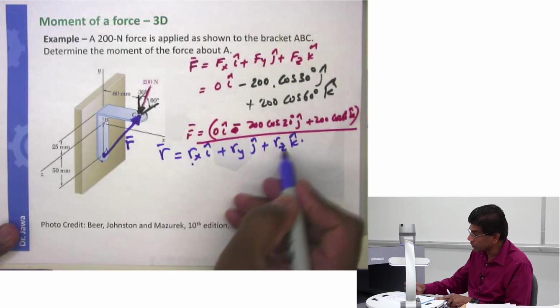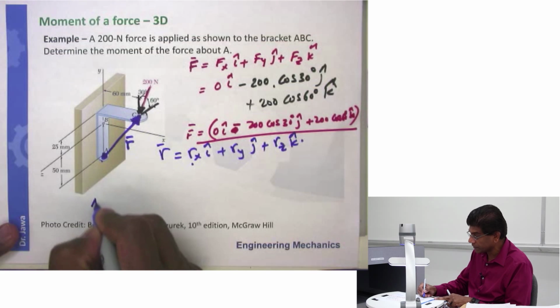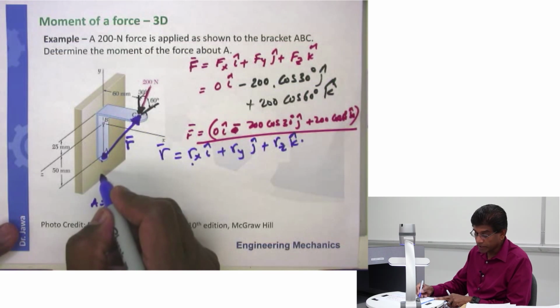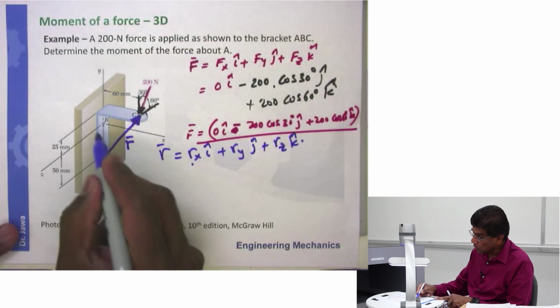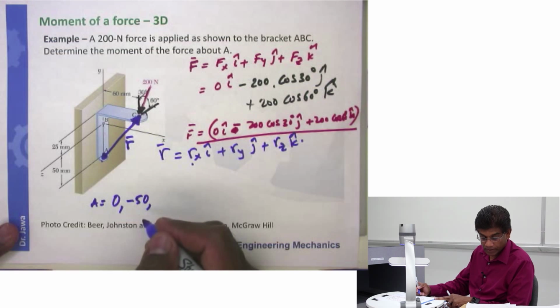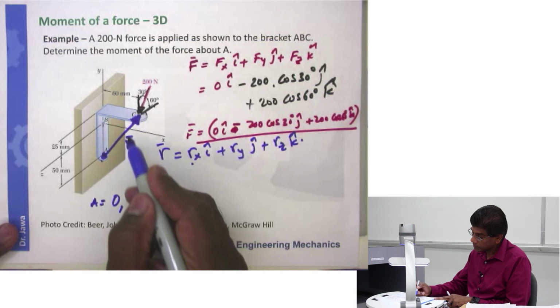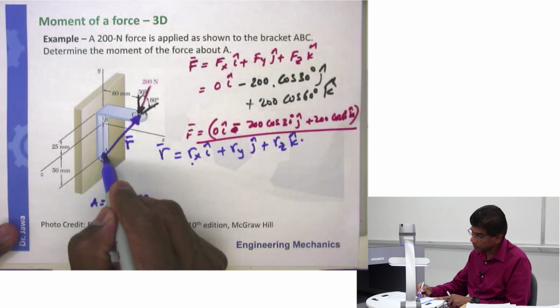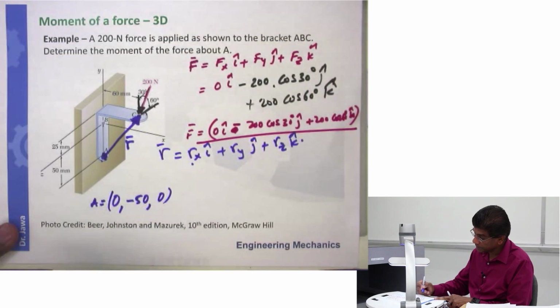But I need to find these components, and the easiest way to do that would be to find the coordinates of A, which in this case is: x coordinate is 0, y coordinate is negative 50, and the z coordinate is 0, right?